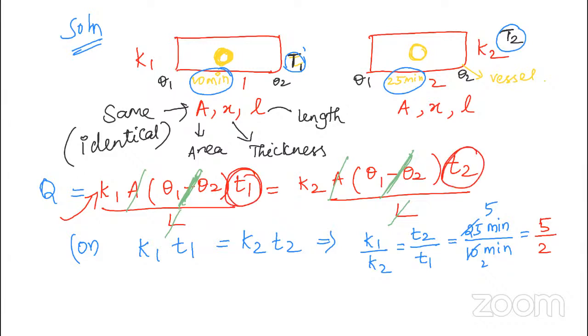Small t represents the timing, and capital T stands for the temperature. Is that clear? Yes, so the ratio is 5:2.